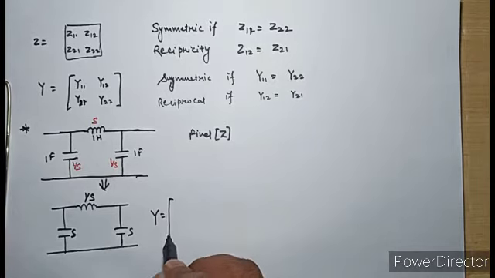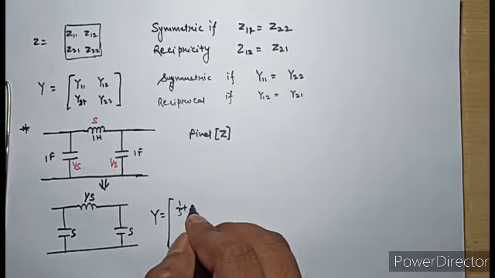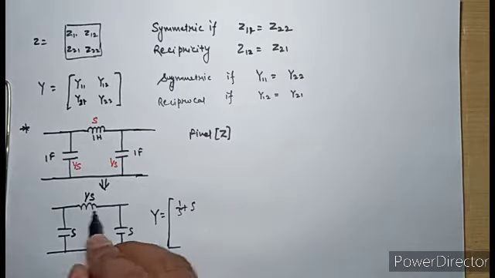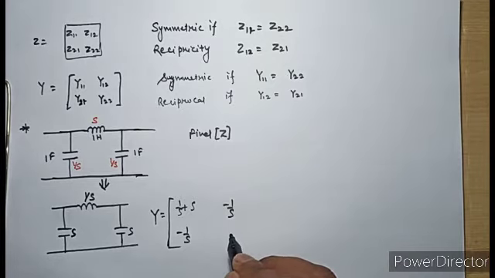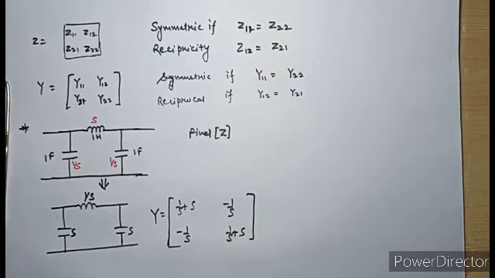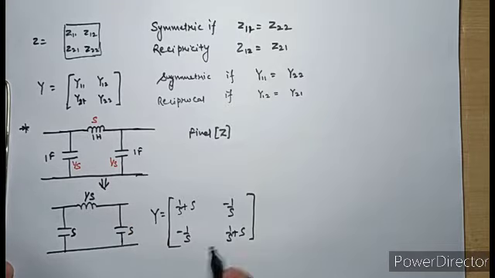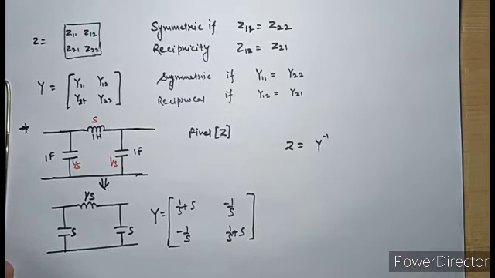Its Y parameter will be what? This plus this, 1 by S plus S, right? And this will be minus 1 by S, minus 1 by S, and this will be 1 by S plus S, isn't it? So how easily we write the Y parameter of this circuit. Now to find the Z parameter, we know that Z is equal to Y inverse.